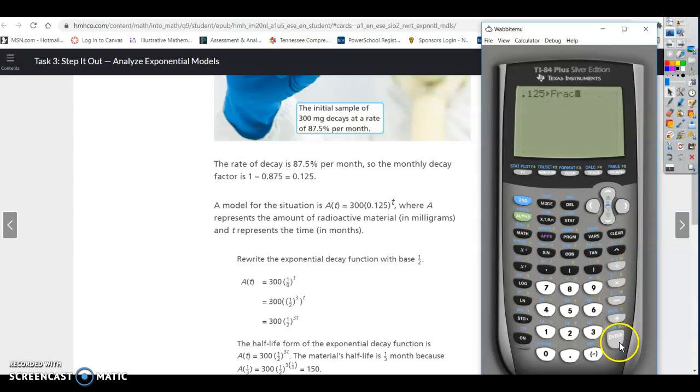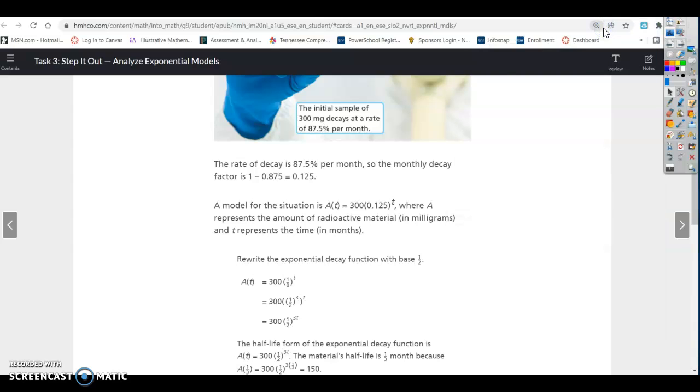So I hit fraction, and it's going to tell me that 0.125 is the same as 1/8. Okay, so they're going to rewrite the 0.125 as base 1/8. And the reason they want to do that is because we're looking for a half-life. So that means our base has to be 1/2. Okay, so 1/8 is not 1/2, but can we rewrite it in that form?